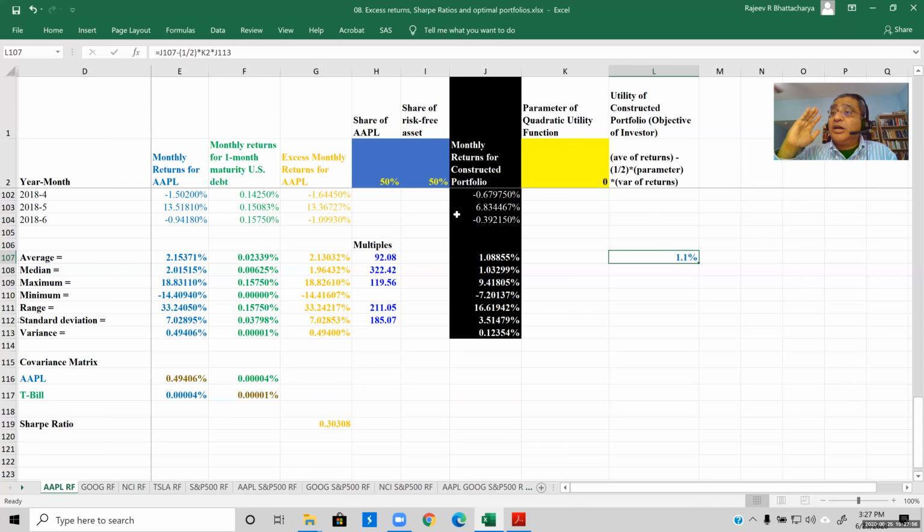Remember, with optimal investment, the higher the return, the better off you are. The higher the volatility, the worse off you are. This parameter lets you trade off between the two. When it is 0, that's the extreme trade-off where all you care about is the average return. That's risk neutral. Let's do it for that, and then we'll do our comparative statics.